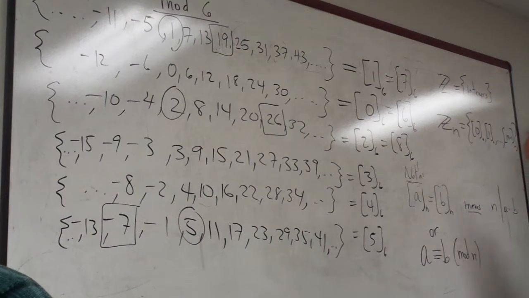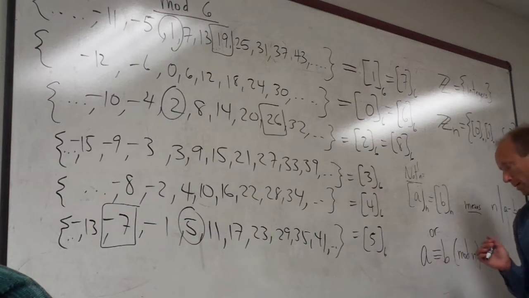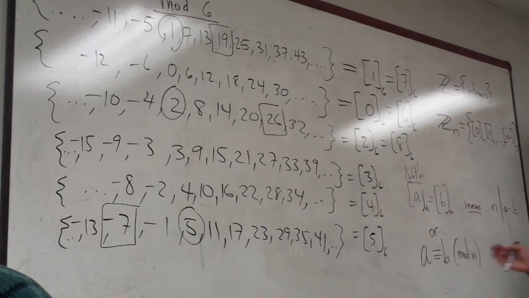So we almost try to make you believe that they are the same number. We just use this slightly changed equal sign. So a doesn't literally equal b, but it is congruent to b in the world of mod n. Really just means that they are in the same congruence class.